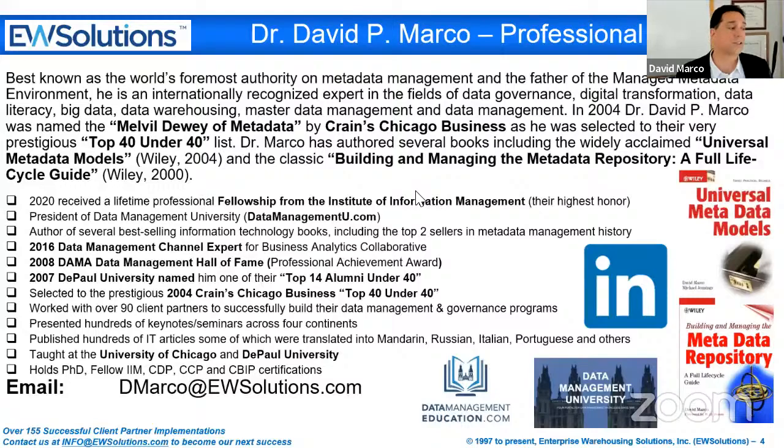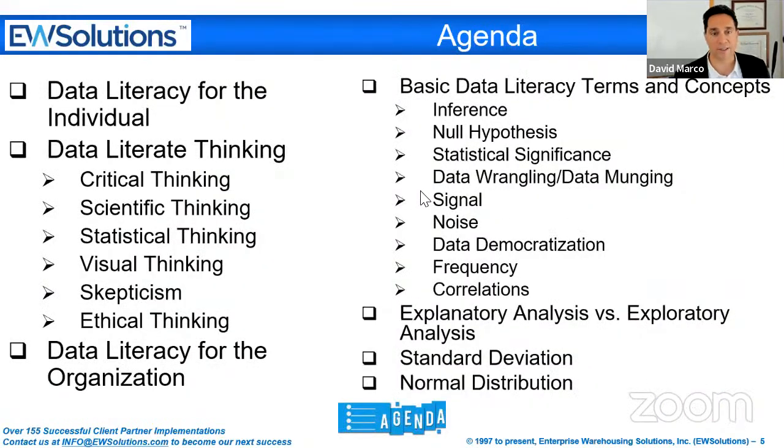So I have so much to talk about. Oh goodness, this is far too large of a list. But going to talk today briefly about data literacy for the individual, which will take us into the 6 types of data literate thinking, which are critical for anybody who works with data. Then we'll go into what it looks like to have a data literate organization.